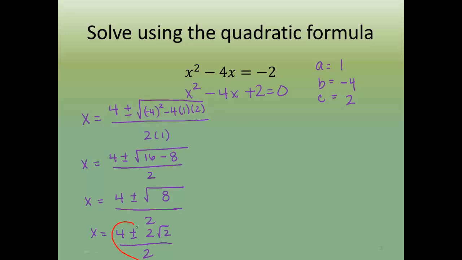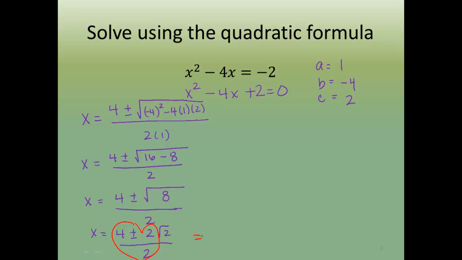I'm able to simplify because all three of those values on the outside of the radical are divisible by the same number. If one of them was, let's say, 7, I would be unable to reduce this any further at all. But because all of them are divisible by a common factor, we're going to go ahead and do so.